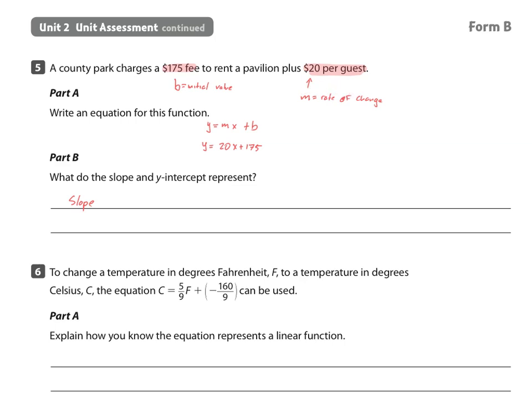Okay, so it's going to tell you the slope is the rate per guest, and the y-intercept is the rental fee.